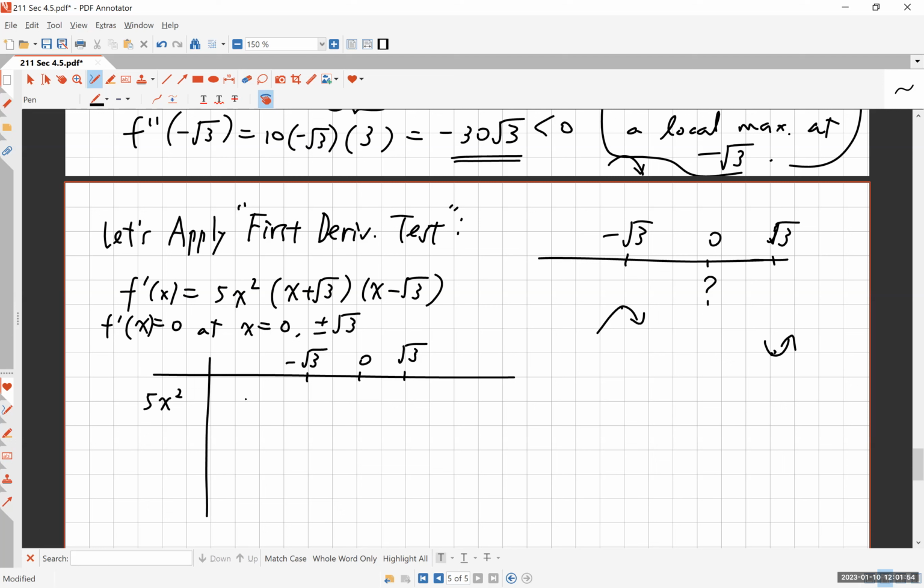Well, that's almost always positive, right? Even if the number is negative, when you square this and multiply that by 5, you get a positive. The only time this becomes 0 is when x is equal to 0. So in this interval, it's positive. In this interval, it's positive. Right at this point, 5 times square root of 3 squared is, of course, 15. That's positive. It's almost positive everywhere except at 0.